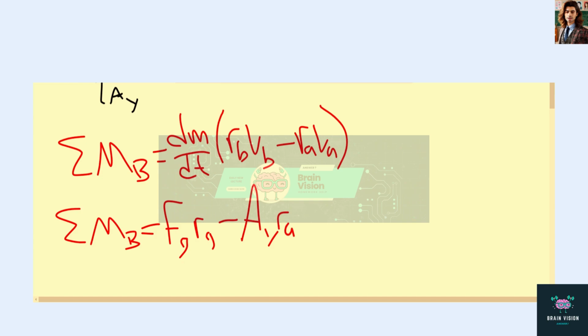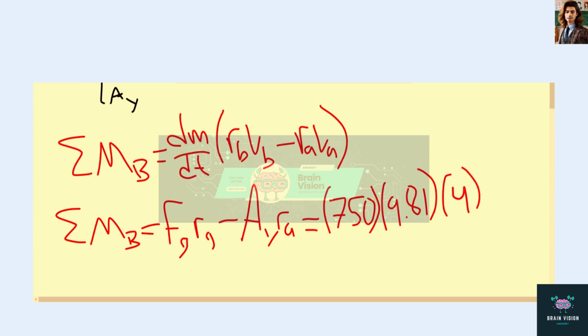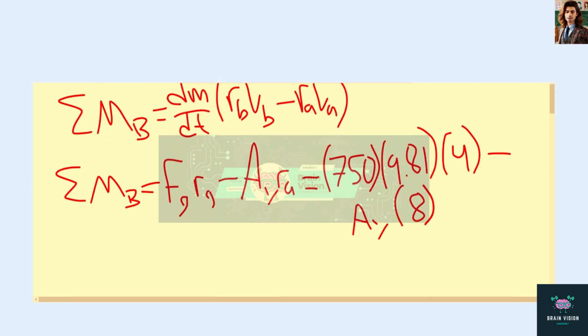We know FG from the givens, which is the weight of the sand, 750 kilograms, times the gravitational acceleration, 9.81, times RG, which is the horizontal distance between B and G, which is 4 meters. Then we subtract AY, which we do not know, times RA, which is the distance from A to B, which is 8 meters. So that's the left half of the equation.